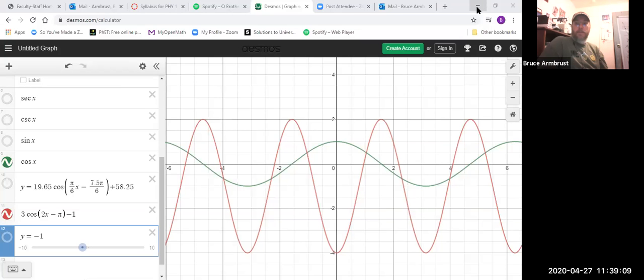So let me show you. Let me share my screen again, because I got this information earlier today and I wanted to put it in here. I went and found the average temperatures for South Lake Tahoe.